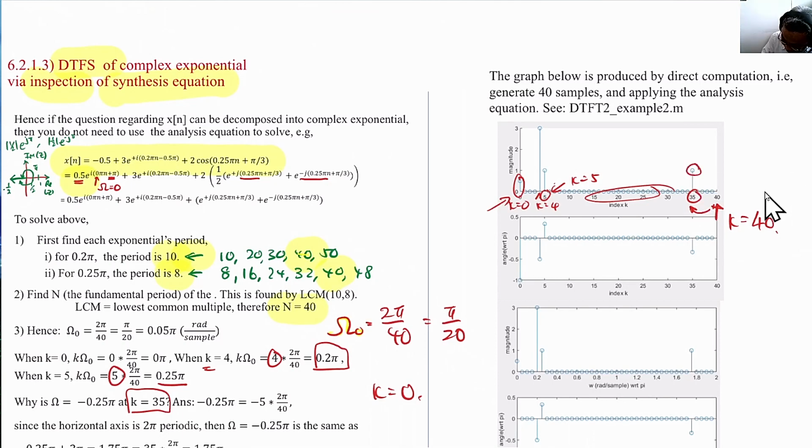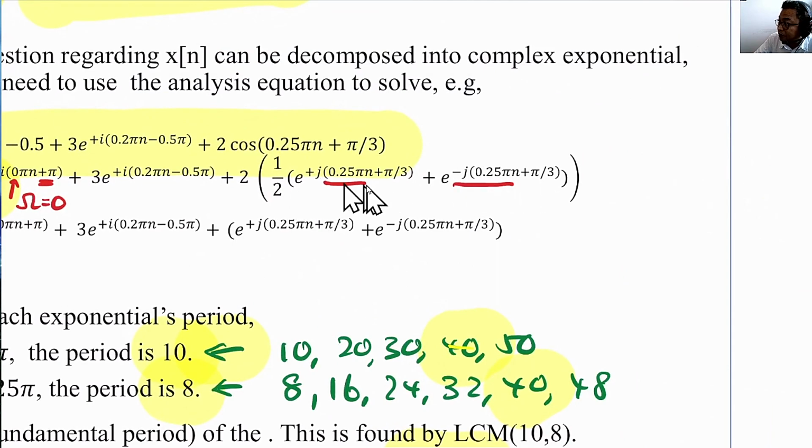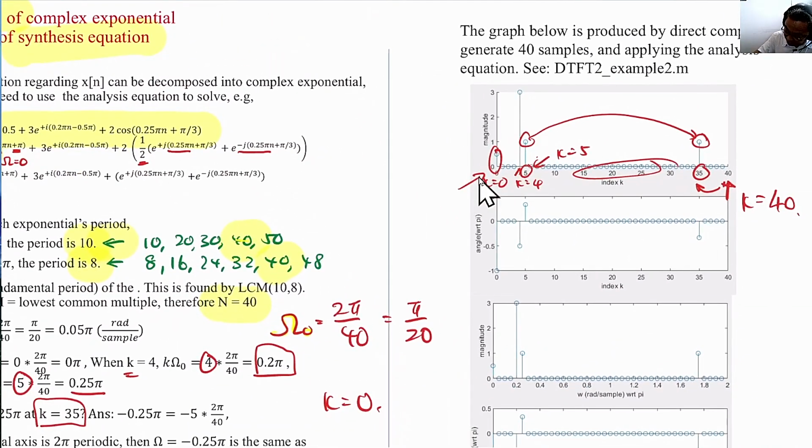So this pair are the pairs of magnitude for the complex exponential representing the cosine. One is for the positive frequency 0.25 pi, and one is for the negative frequency minus 0.25 pi. But minus 0.25 pi is equivalent to 1.75 pi, and that is why it is sitting at k equals 35.